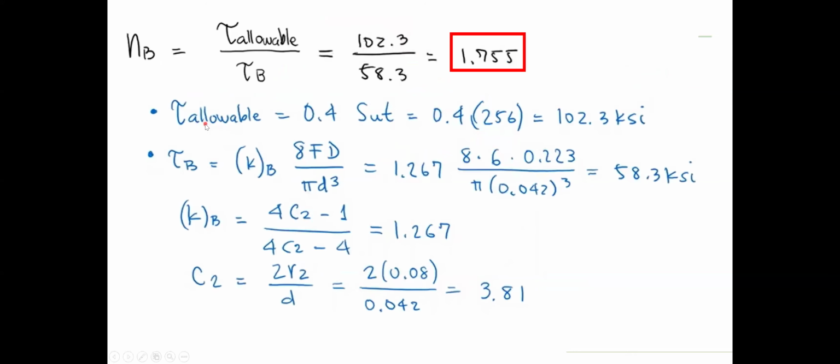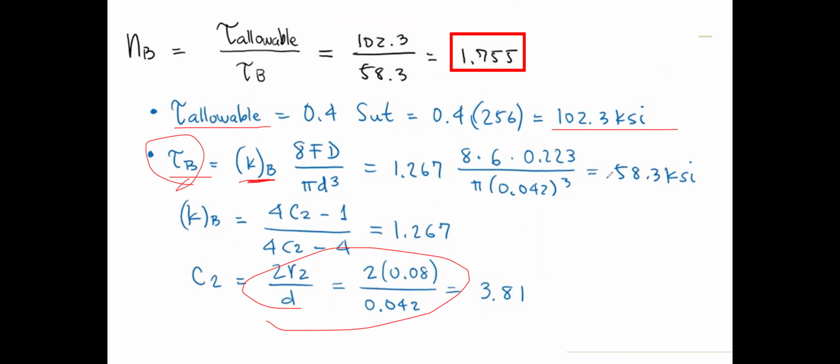So for this maximum shear location, NB, similarly, we find the tau allowable stress and the tau B. We have to calculate the coefficient KB by the geometry, right? So we got this tau B equals 58.3, and the tau allowable stress is 102.